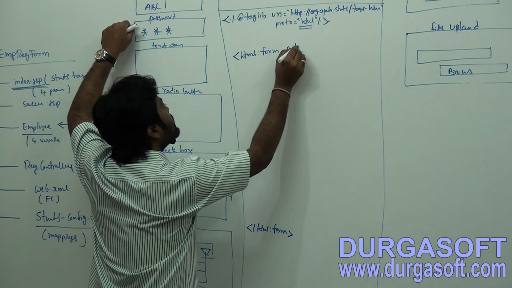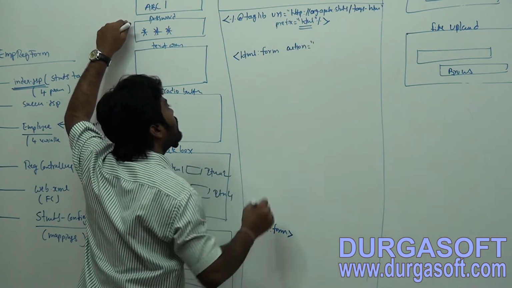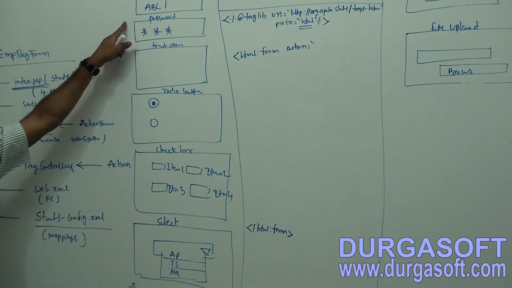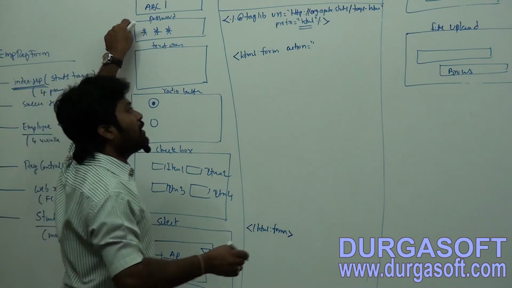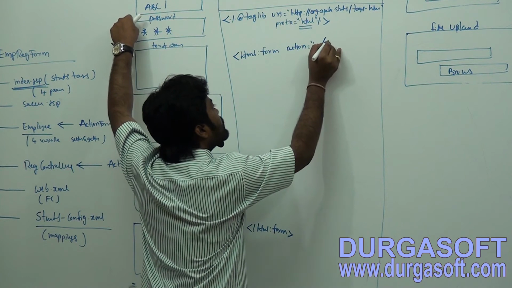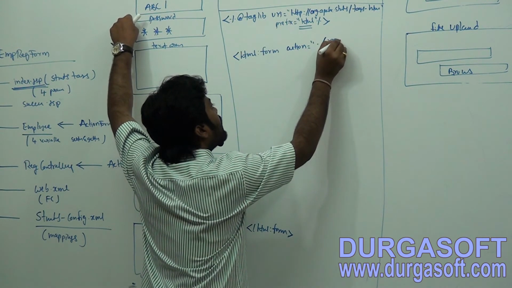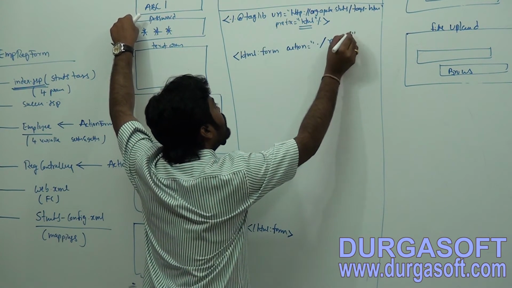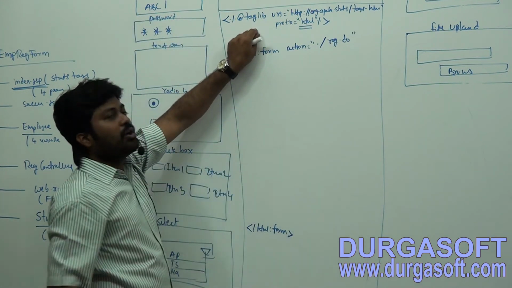The form must require an action. Usually in the case of a simple HTML form tag, we configure form actions like dot slash and some action name, and we must put the .do extension.